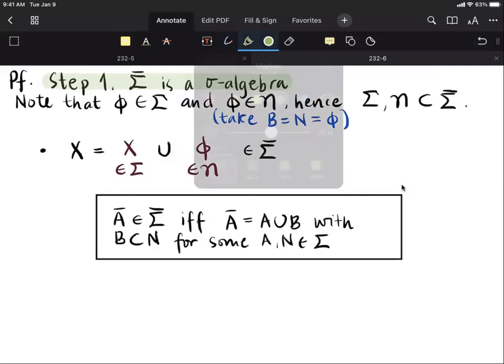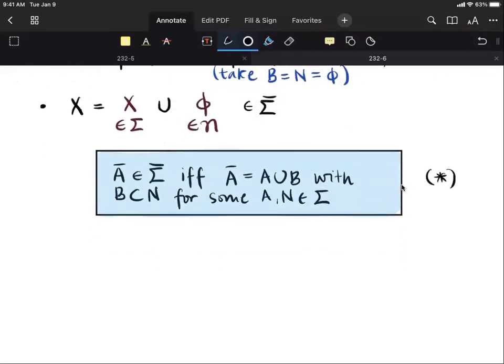Okay, so let us highlight this because this will be repeated several times. So for convenience, let us name this as, let's say, star.